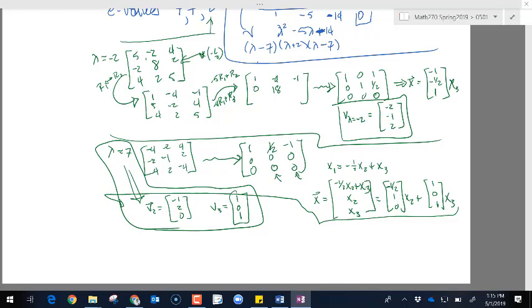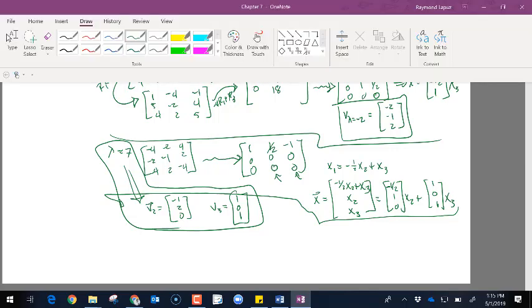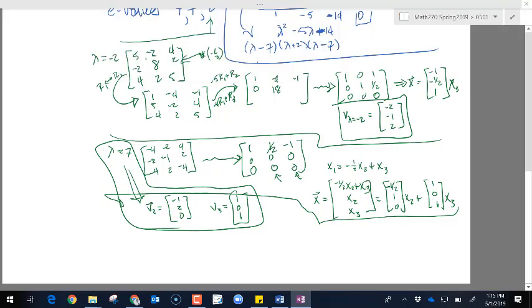So the diagonal is 7, 7, negative 2, and what goes here?